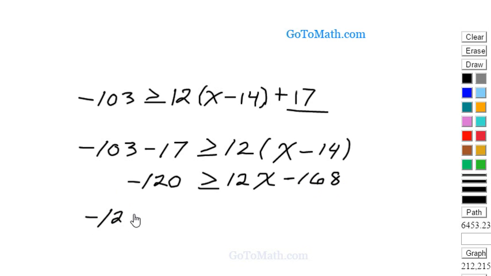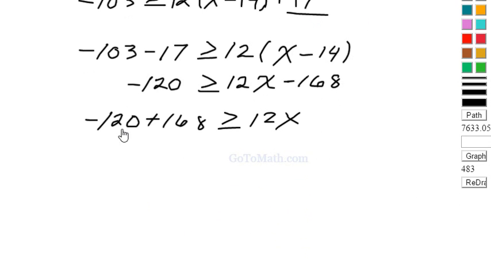So I'm starting to kind of skip all those intermediate steps. Plus 168. Because it's a minus over here, we move it over here, the sign changes. Greater than or equal to 12x. Alright, so that looks like that's going to be negative 114.